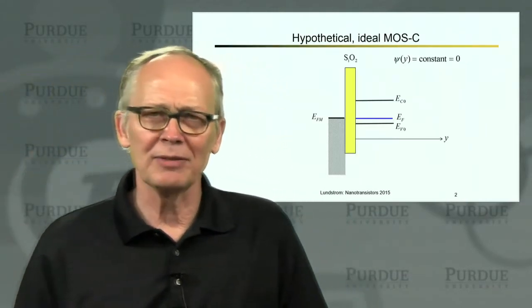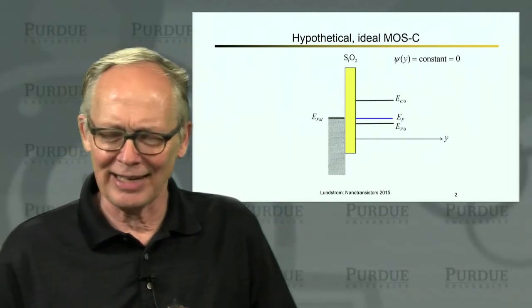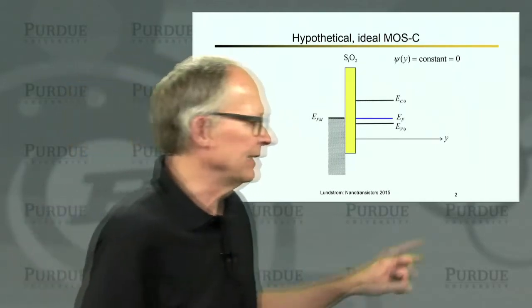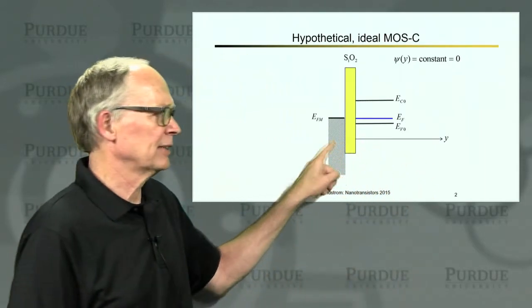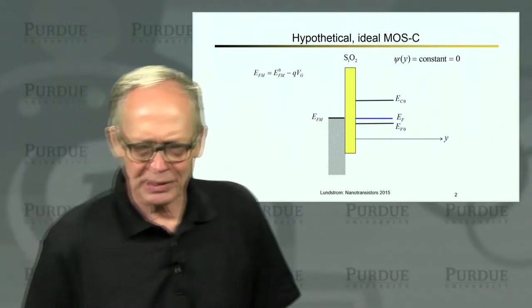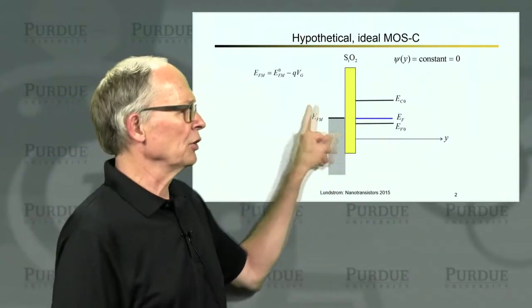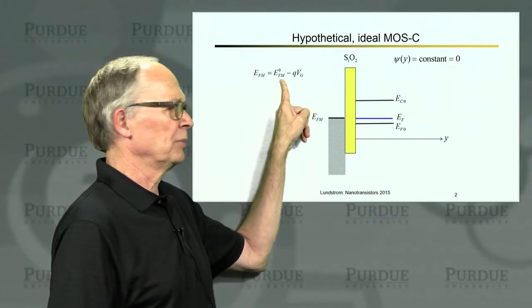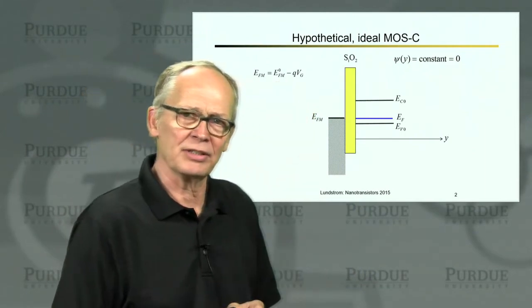So the issue is we have been talking about a hypothetical ideal MOS capacitor. And what made it ideal was the properties of this metal that we were assuming. You'll recall that there'll be some Fermi level in the metal, and it'll have some value before we apply any voltage to the gate.